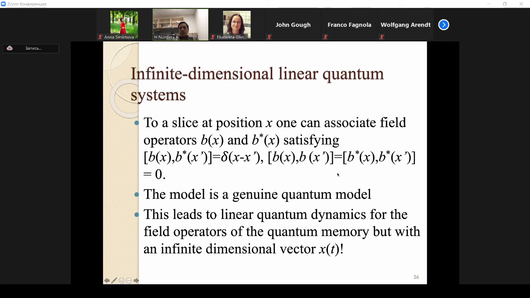This model that was proposed is a genuine quantum model, and without going into the details, they arrive at a linear quantum dynamics for the gradient echo memory, but where now the vector xt is replaced by an infinite dimensional object in this model.